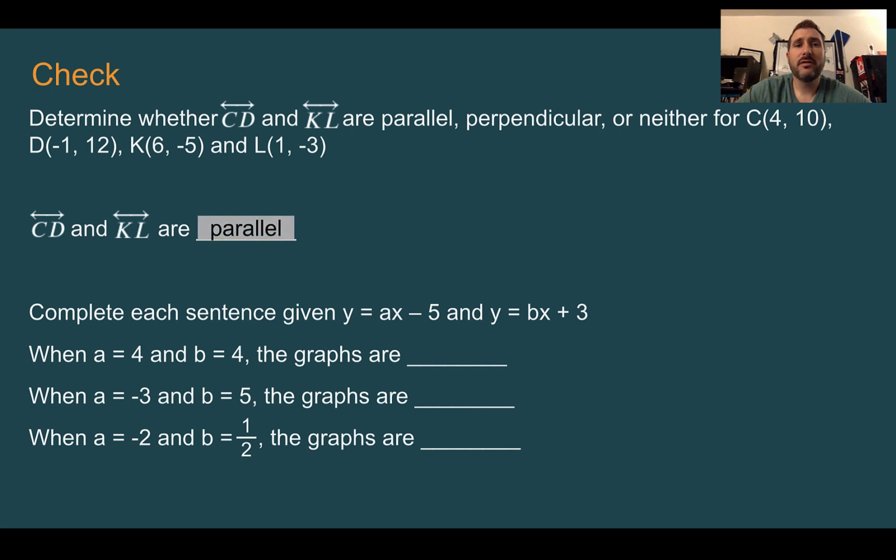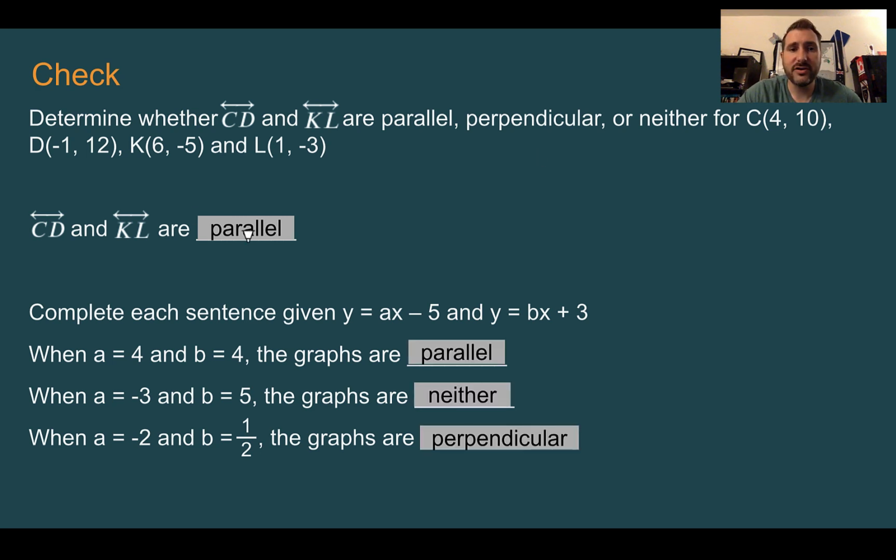Check your answers. First, CD and KL are parallel. They both have a slope of -2/5. For our equations with A and B, the first one's parallel. If A and B, which are both the slopes, have the same slope, they're parallel. If A is -3 and B is 5, they're not the same, so they're not parallel.